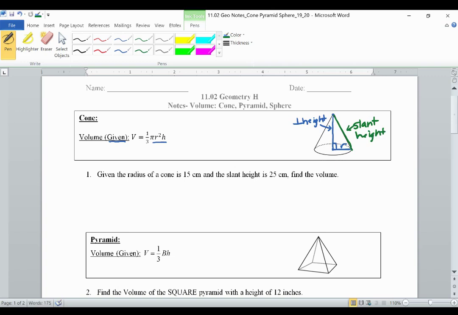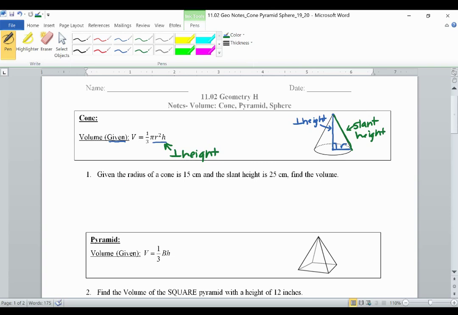Occasionally we might ask you to use the slant height or the perpendicular height. And if you know the radius, these all make a right triangle. So if you have 2 out of 3 of them, you can always use the Pythagorean theorem to find the third. That's something important to remember. And when we talk about the cone, 1/3 pi r squared h, that is talking about your perpendicular height.